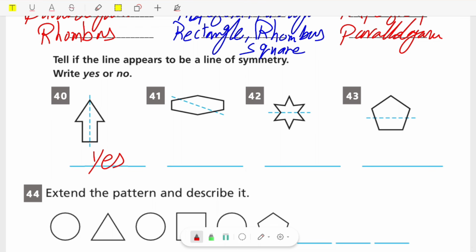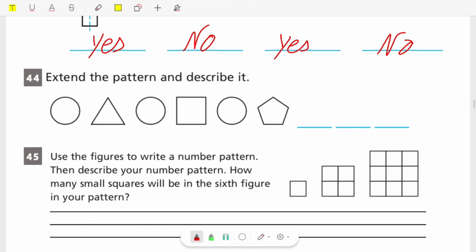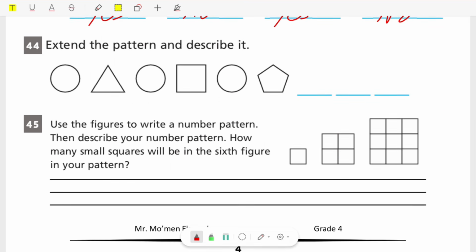And the next one, it's not identical halves, so we can't say that, so it will be no. The next one, yes, because the upper part is identical to the lower part, so it will be yes. The next one, it's obviously no, because we don't have the same half up and down, so it will be no. Easy, right?